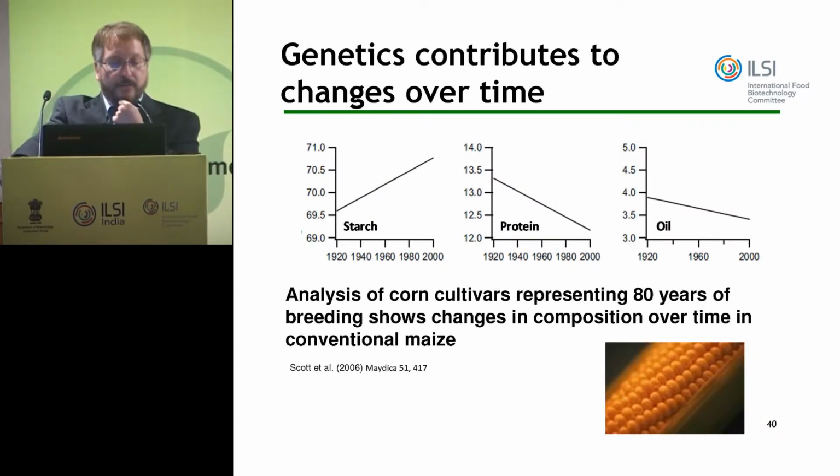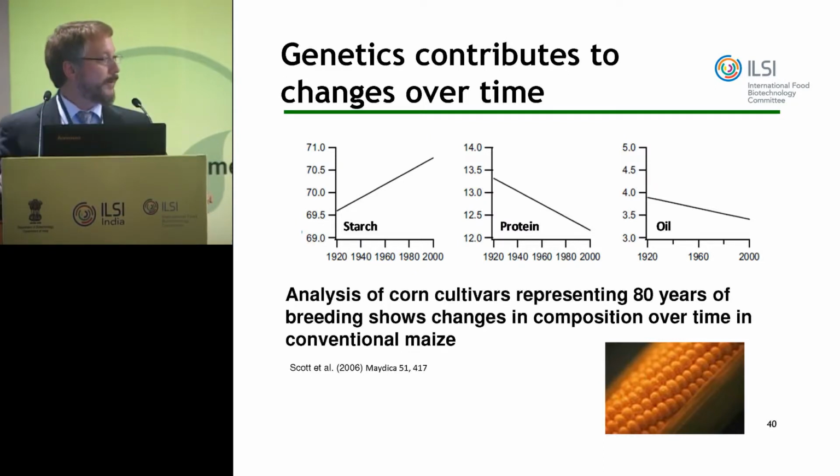We've been changing things over time as well. A phenomenon that's happening in corn or maize, and it's also happening in soybean, is that we're harvesting less protein per seed. We're harvesting more protein per hectare, because we're getting more seeds per hectare, but it's decreasing per seed.